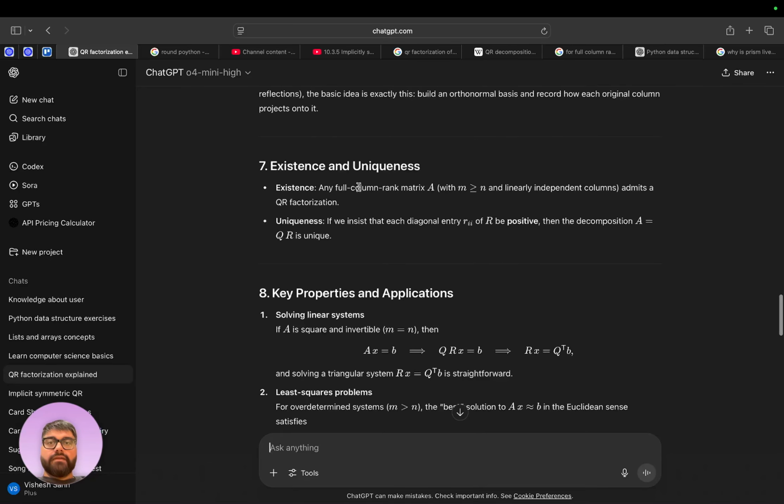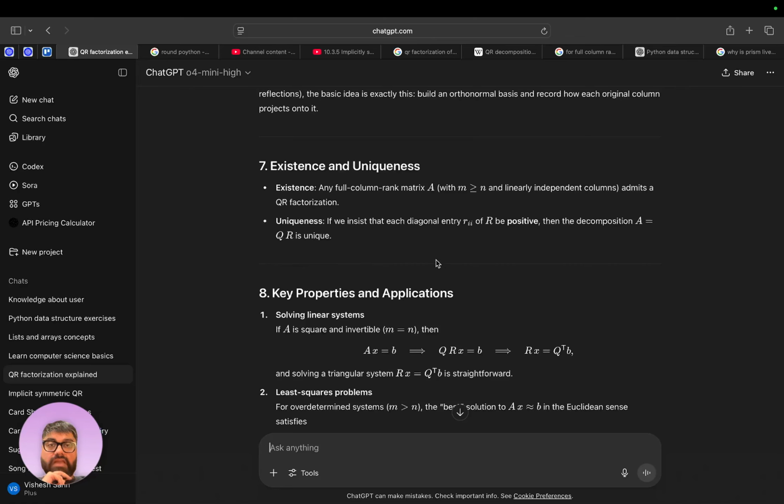Existence and uniqueness: any full column rank matrix A, meaning it has all linearly independent columns, admits a QR factorization. Uniqueness: if we insist that each diagonal entry R_ii of R be positive, then the decomposition A equals QR is unique.